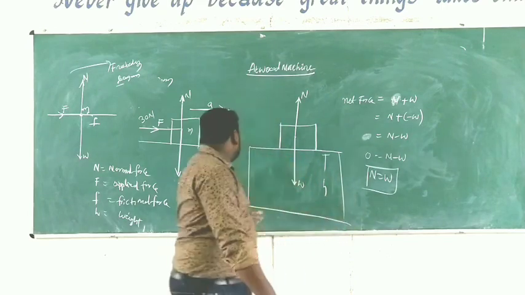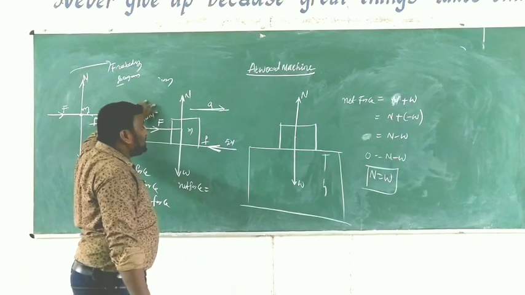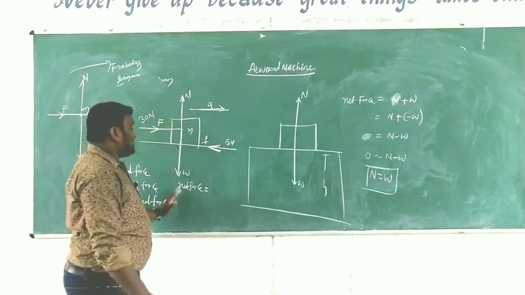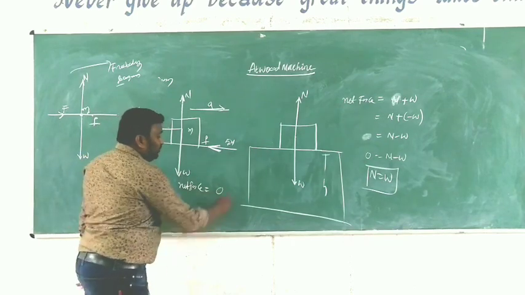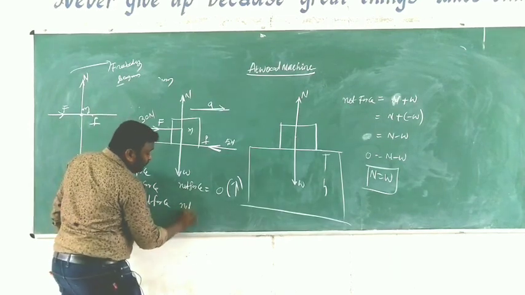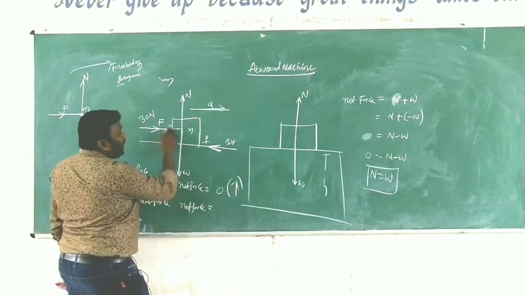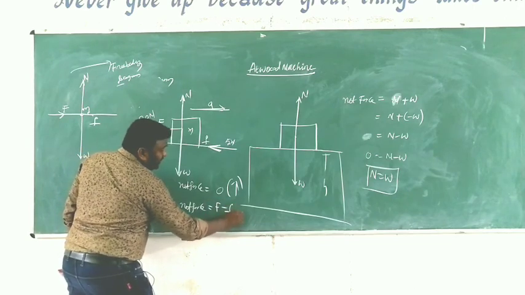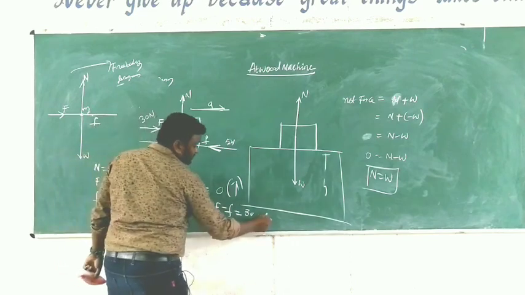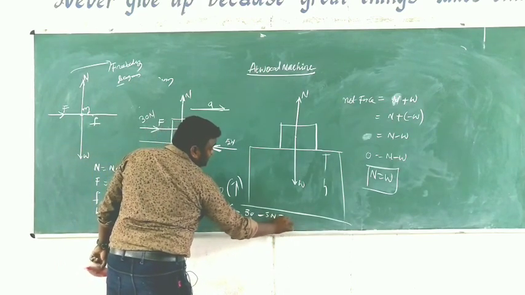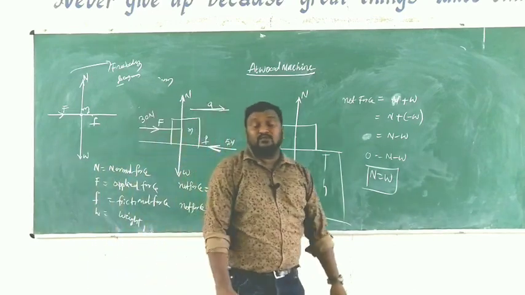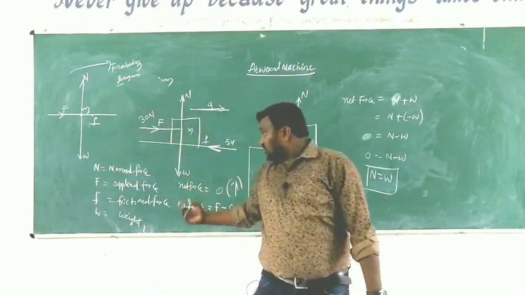Okay, so here in this case, this is 30 newtons and this is 5 newtons. Then in the vertical direction the resultant force is 0. Clear? Now in the horizontal direction, what is the net force? What to write? F minus f. Capital F is 30 newtons and small f is 5 newtons. Then the remaining result is 25 newtons.